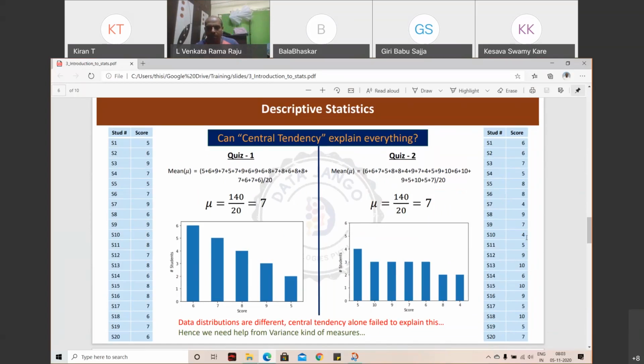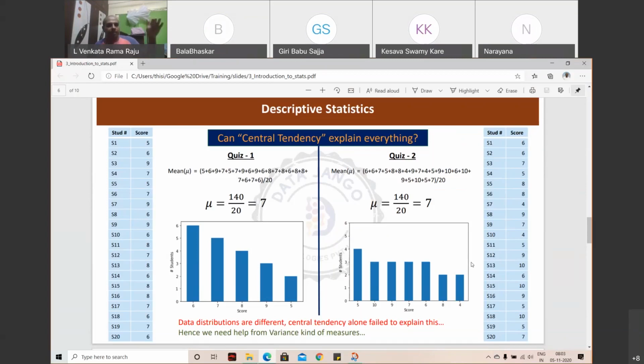Yes. What is that explaining? On the first quiz, students are not performing that well, and on the second quiz, there are students who are performing very well.